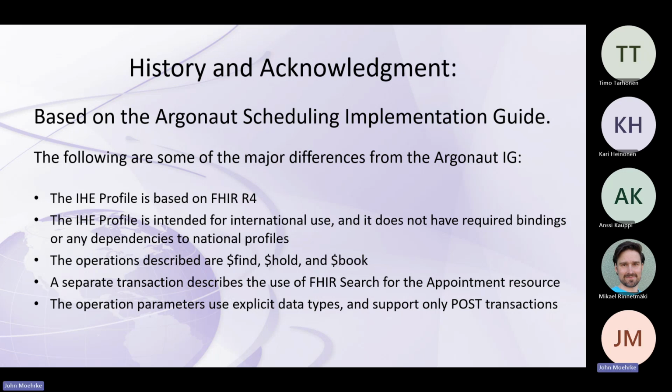It's intended for international use, where Argonaut was US-centric. It doesn't have some of the required bindings that were in the scheduling implementation guide. It used to bind to US Core, those kinds of things. So it's rather free of that. And indeed, we look to the IHE equivalent profiles in those cases.